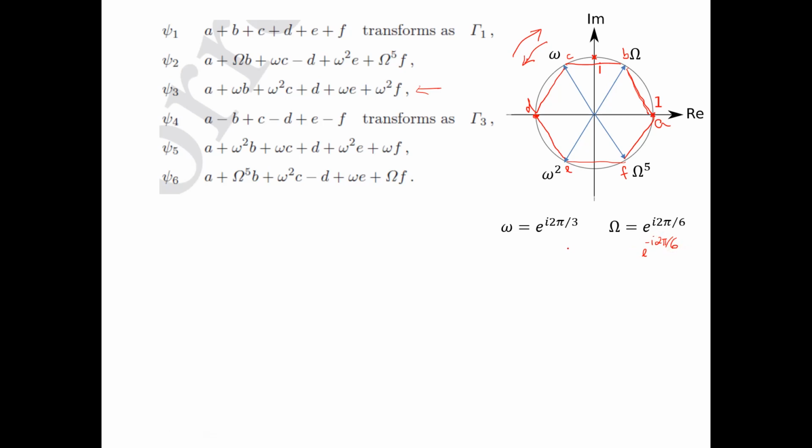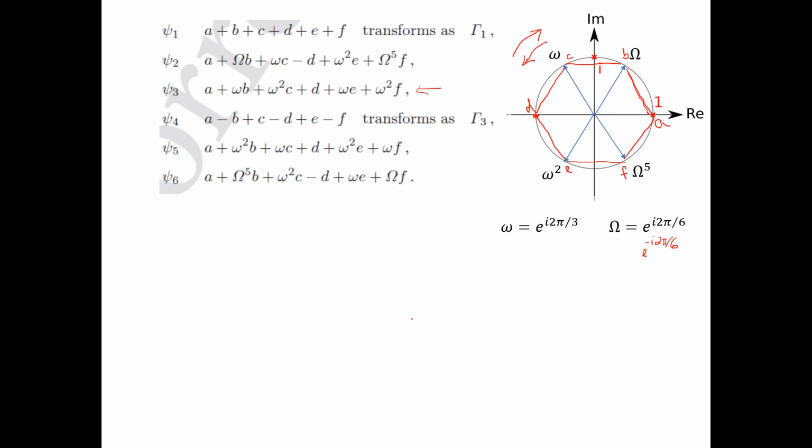But these two states should have the same energy. It's like going around the circle in different directions with different phases, but having the same energy. So these are the other two possibilities.